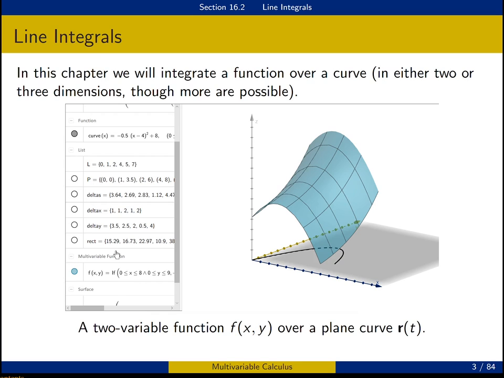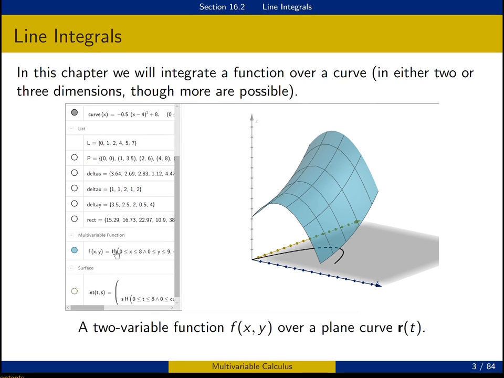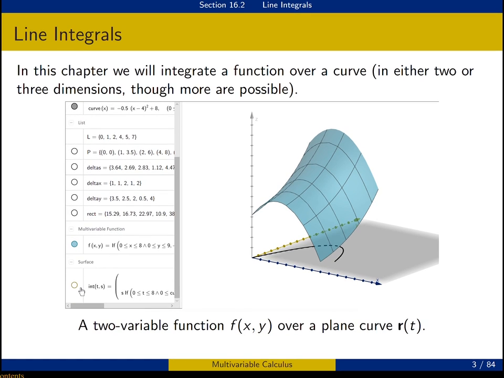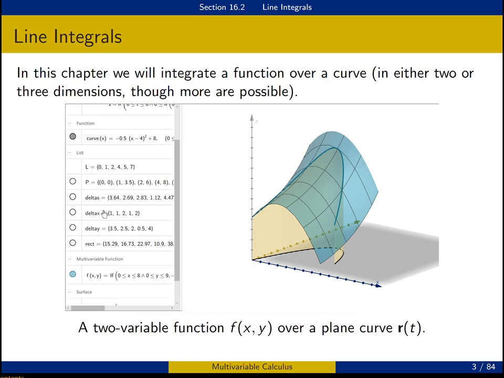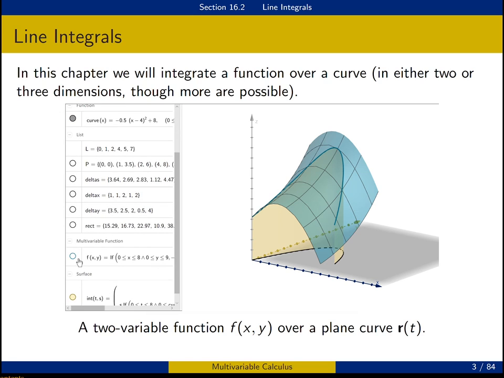The area that we're interested in integrating over then is the area between the curve and the graph. That means what we're actually interested in is the height of the graph over the curve, and the rest of the graph isn't really going to matter to us.